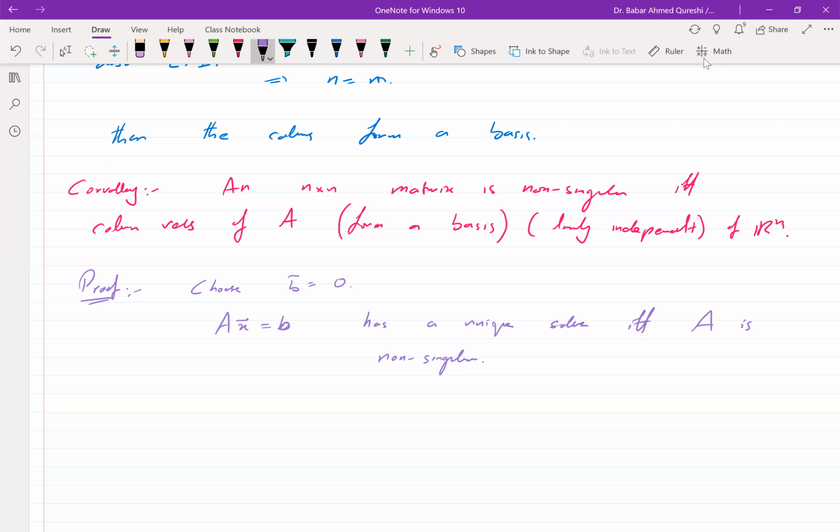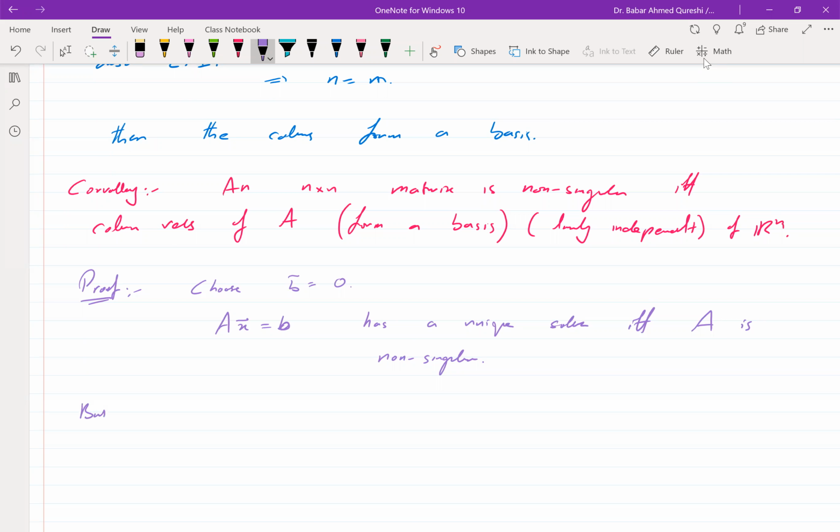But we just saw that a unique solution exists if and only if the columns are linearly independent. So you can translate this statement to this statement and connect them.